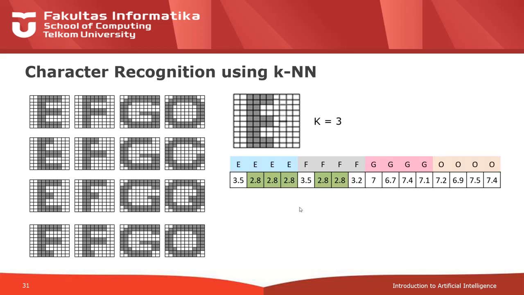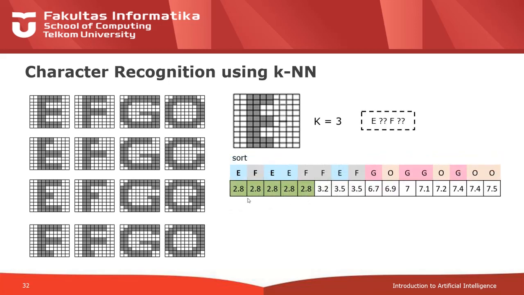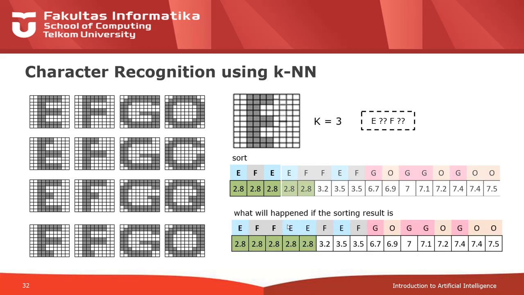Do the same thing again. Now what happens if this is what's happening? Even if we sort it, it depends on the sorting. You can get E or you can get F. So this will depend on the sorting result.